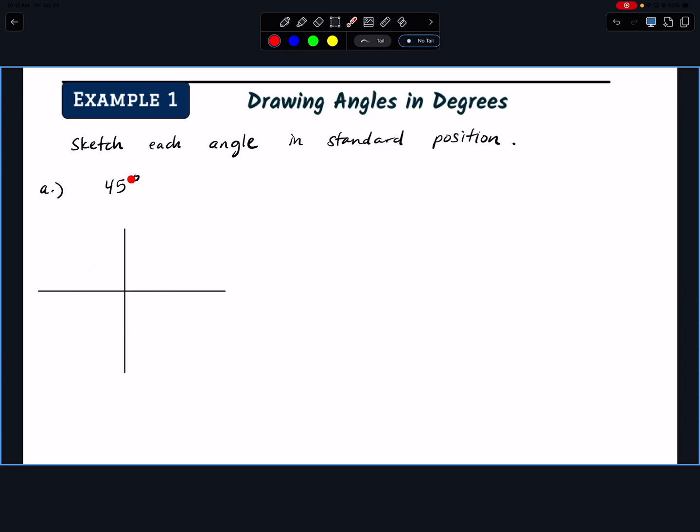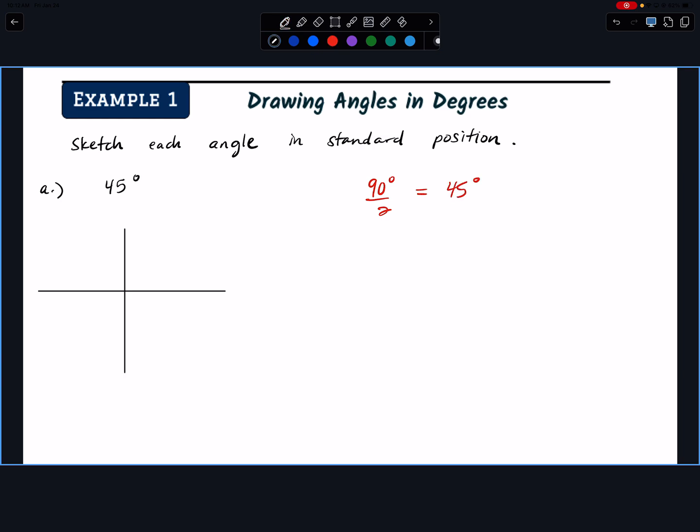So if I'm rotating positive 45, remember that's counterclockwise. So how far do I rotate if it's 45 degrees? Half, because half of 90 is 45. Okay, so just remember that 90 degrees divided by 2 is 45.